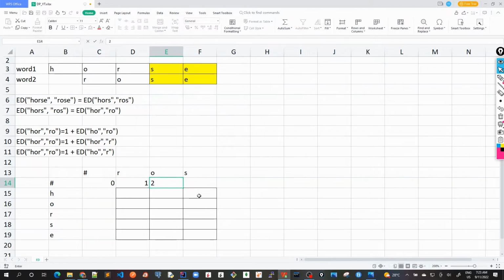So it should be 2. Similarly, this is 3. We need to insert 3 characters, R, O and S, to convert from this hash to ROS.